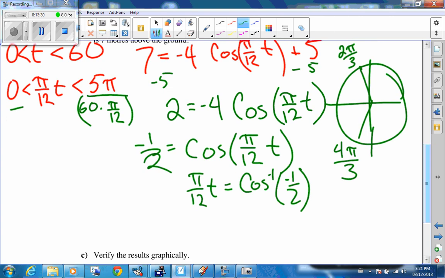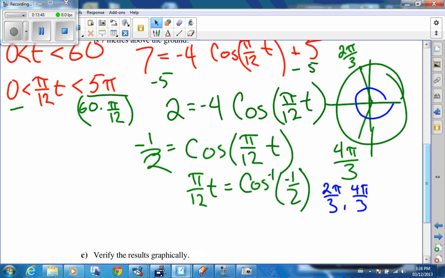And actually, sorry, I need to go all the way around to 5 pi. So there's going to be lots of solutions. So 2 pi thirds and 4 pi thirds.